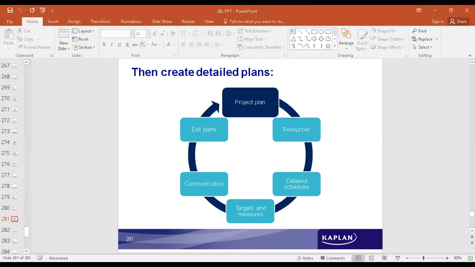Have a detailed schedule prepared, with tasks connected to specific dates. Prepare those detailed plans and schedules, decide on the targets and how the measurement of target implementation will happen. Whenever a plan is prepared, it has to be effectively communicated.